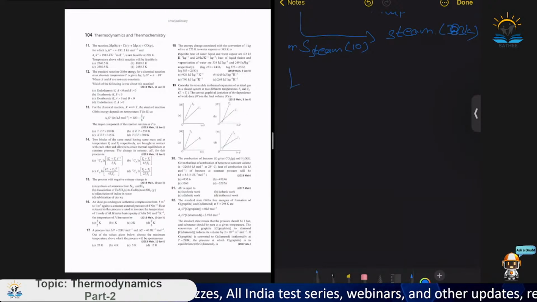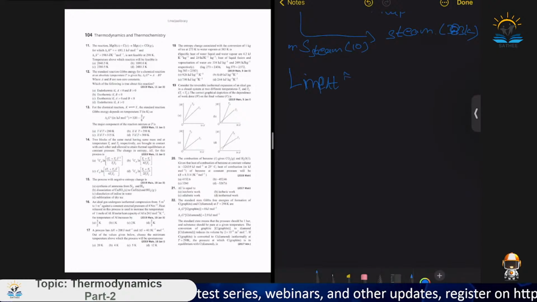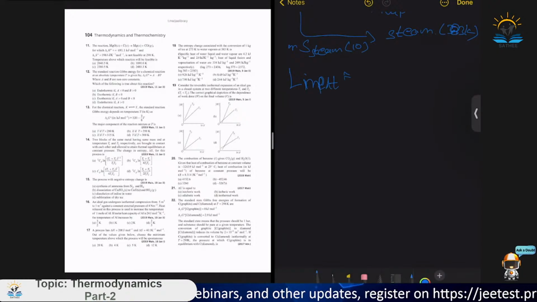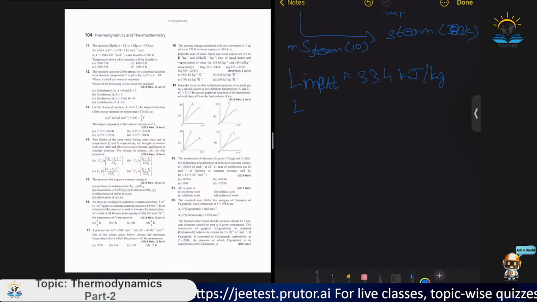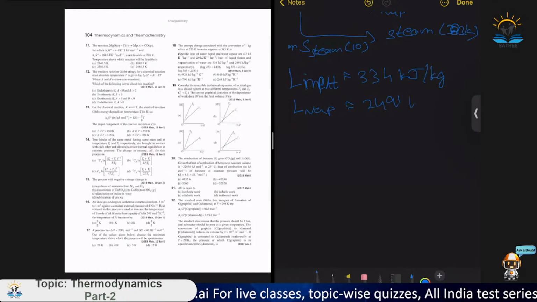So the values given: L melt is, fusion and melting are the same thing, L melt is 334 kilojoule per kg, not joule. The vaporization is 2491 kilojoule per kg.